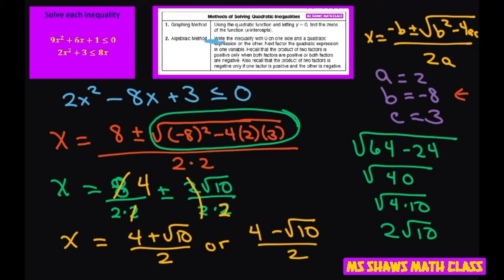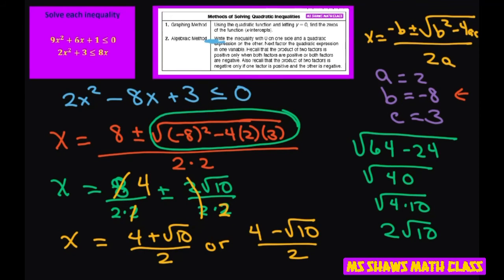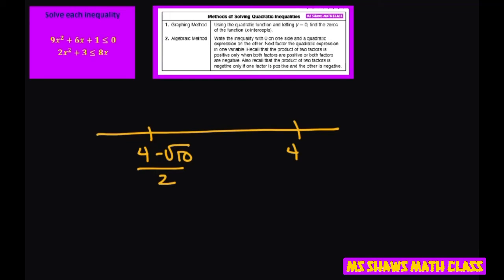So these are the two we have to test on our sign diagram. So let's do that. Whoops, sorry, duplicate page. So we're going to draw a sign diagram with 4 minus square root of 10 divided by 2 and 4 plus square root of 10 divided by 2. Recalling that we can't factor this, so it's going to be a little harder.